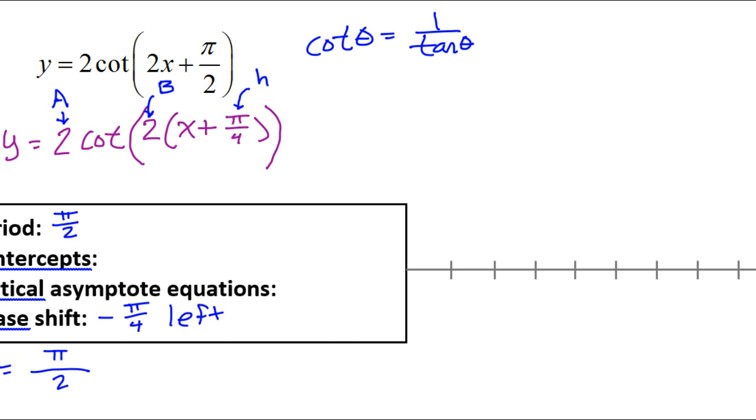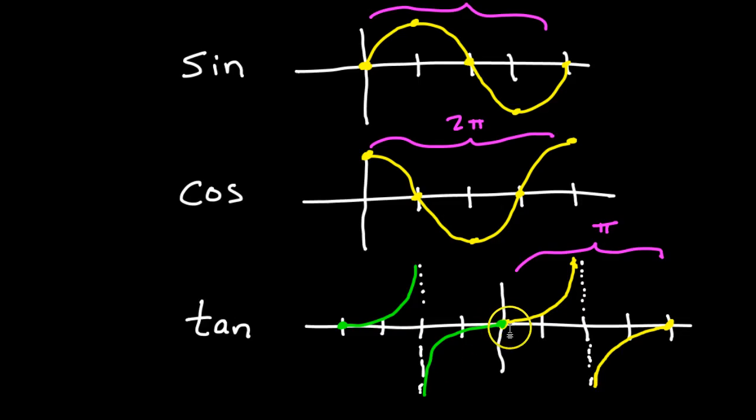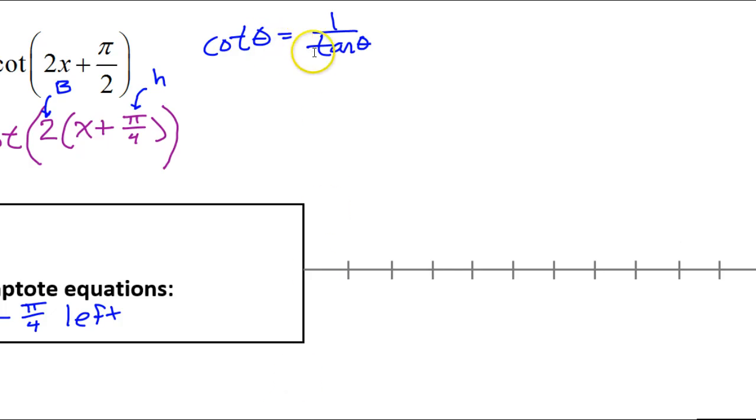That's important because if you look at what the tangent function looks like, everywhere tangent is 0, that's going to make a vertical asymptote. Okay, so if tangent is 0, that's going to be undefined, so that's going to give you an asymptote.